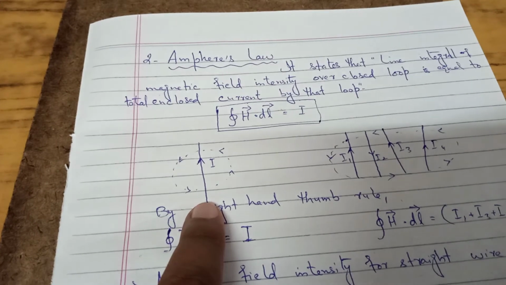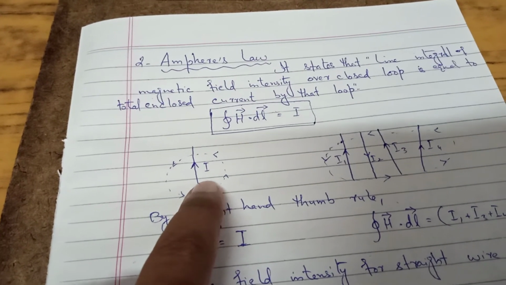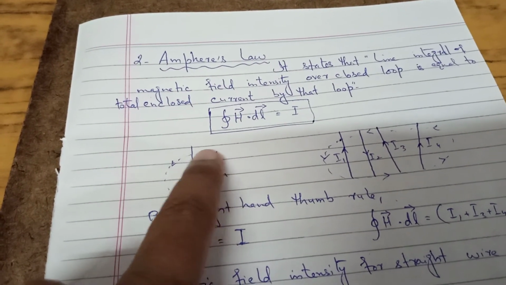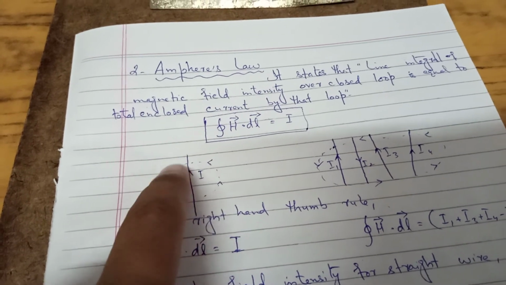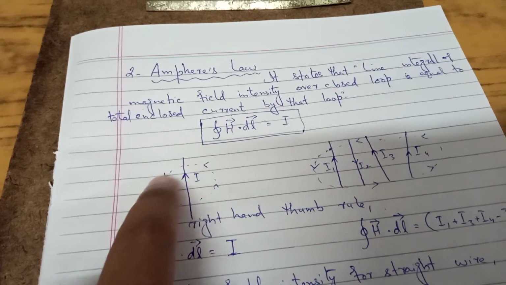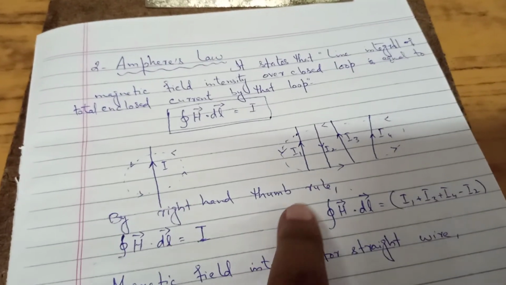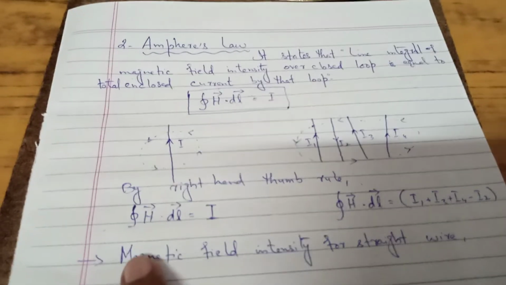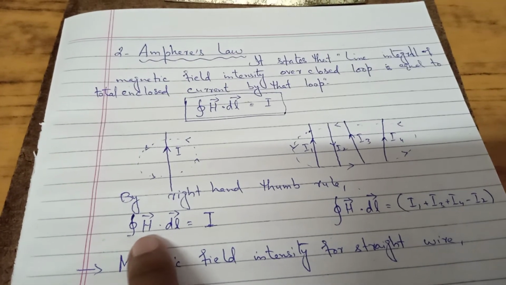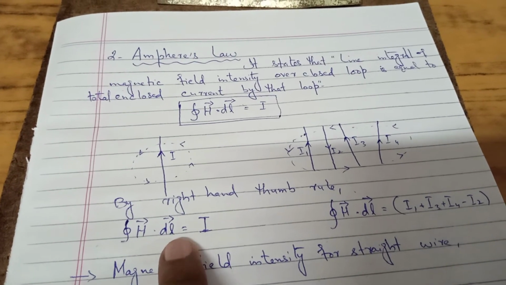For example, we have a single wire in which current I is flowing. The dotted line shows the magnetic field, which is flowing in the anti-clockwise direction. Then by the right hand thumb rule, I is equal to the total current enclosed by the loop.